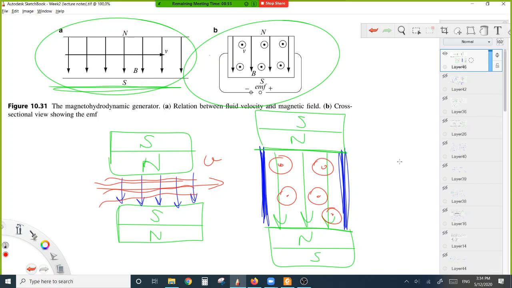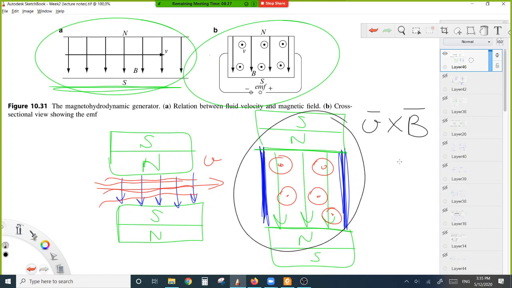A conducting fluid is now forced to flow through the channel. The magnetic field and velocity product, V cross B, are as shown in the figure here.